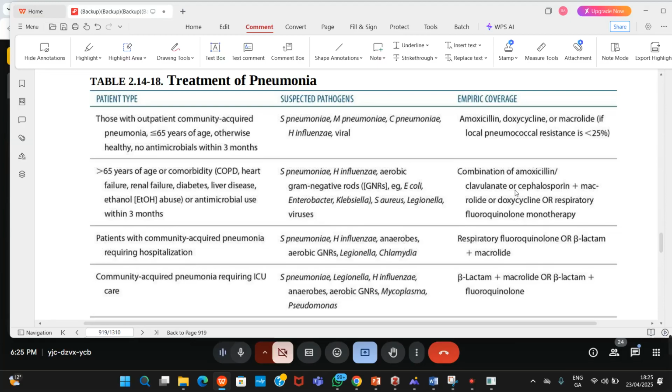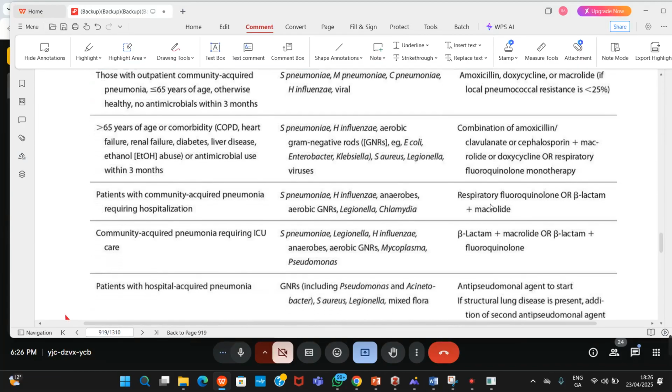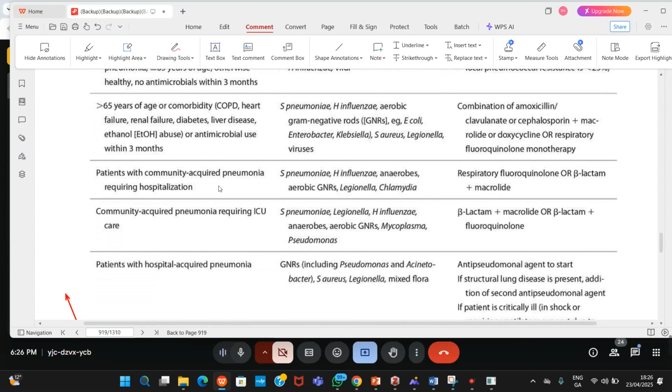That could be what you are going to see in the exam. So amoxiclav or cephalosporin plus macrolide, you are okay. Sometimes they can also use a monotherapy of a respiratory fluoroquinolone. But always remember this combination, cephalosporin plus macrolide.